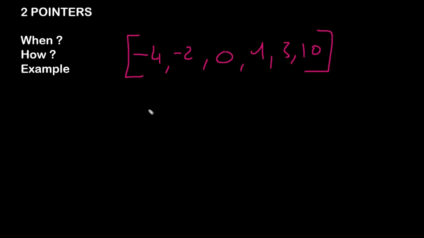So with two pointers, you're able to do it like so. First pointer here, second pointer there, and what you're going to do is say, this is going to be squared, so 20, this is going to be squared, so 16. If this one is bigger than this one, then you're going to keep it in place, okay?